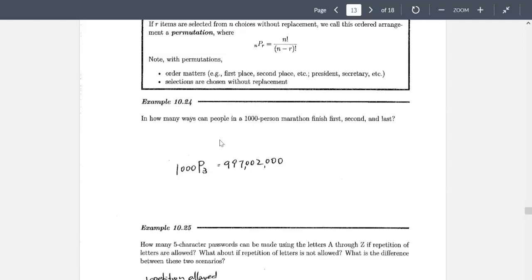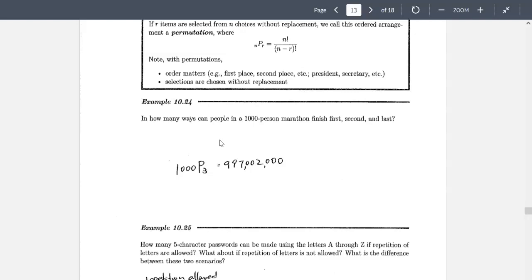Now, if 10 people race and the top 3 finishers get a medal, period, it's the same medal, so it doesn't matter if you finish first, second, or third. As long as you finish in the top 3, you get a prize. The first scenario, where order matters, is called permutation. The second scenario, where order does not matter, is called combination.